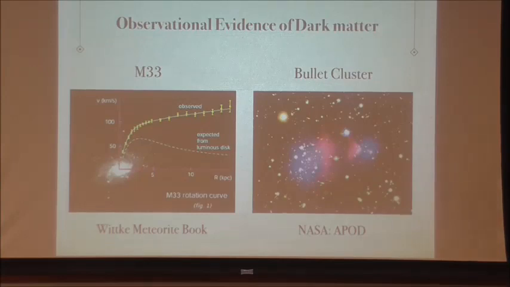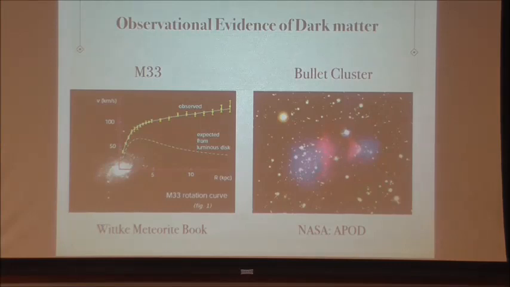We can go to a larger scale with the famous Bullet Cluster. These are two galaxy clusters that have collided. Most of the baryonic matter, in the form of gas, has interacted as the clusters passed through one another, shown by these red shock fronts.